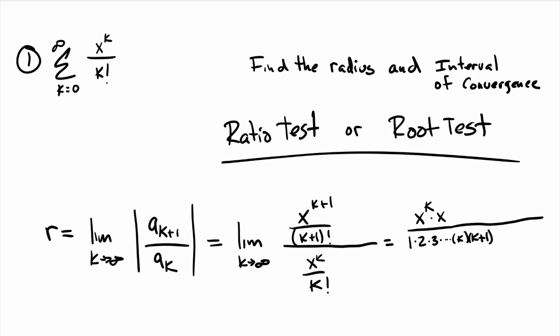Now we invert and multiply by k factorial, 1 times 2 times 3 times 4, all the way up to k, with x to the k down below. So the 1s go, the 2s go, the 3s go, everything goes all the way up to k. The x to the k's go. The only thing we're left with is x over k plus 1.